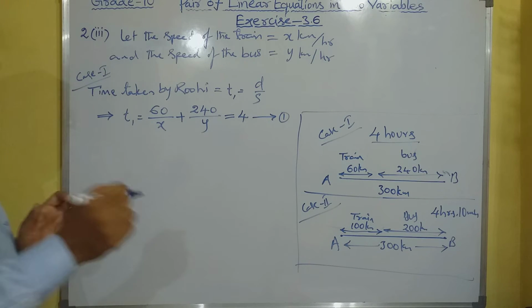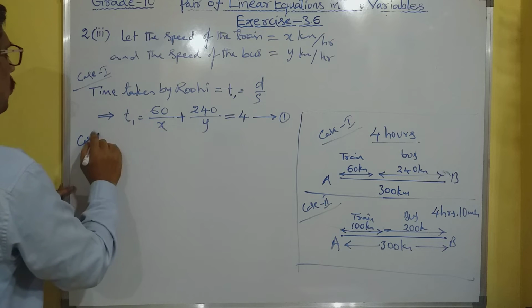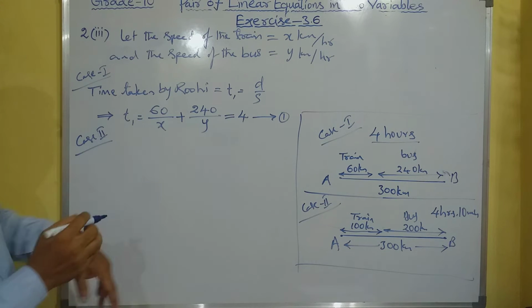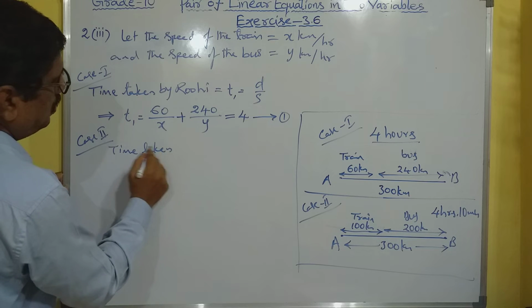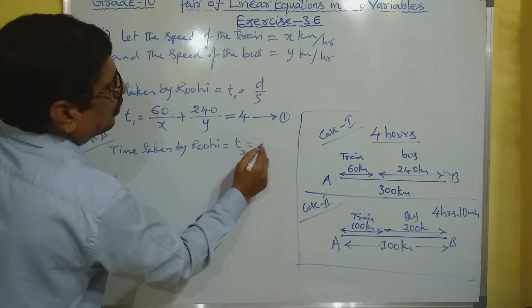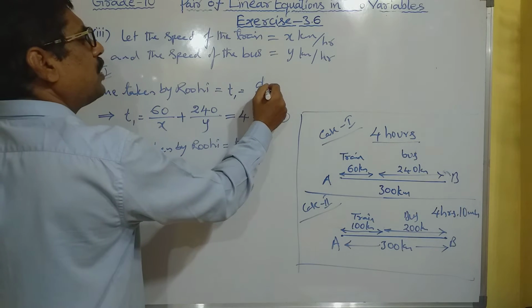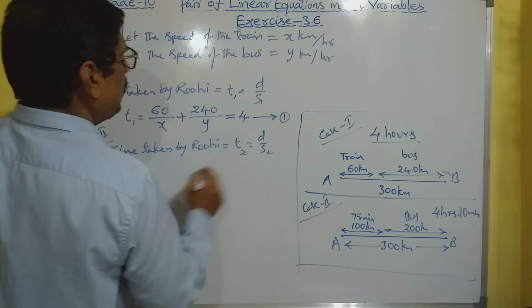Okay, let us take this as the first equation. Did you understand? And in case 2, the time taken by Ruhi is T2. Let us take D by S1 plus D by S2, the same distance.